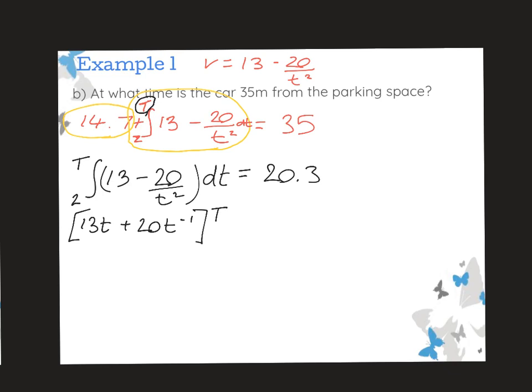Don't know what this upper time limit is, but we know that's 2. And that's going to be equal to 20.3 metres. So I'm going to just substitute in the upper limit for the time, what we're trying to work out. Then substitute in 2, because that's what I'd need to take away.